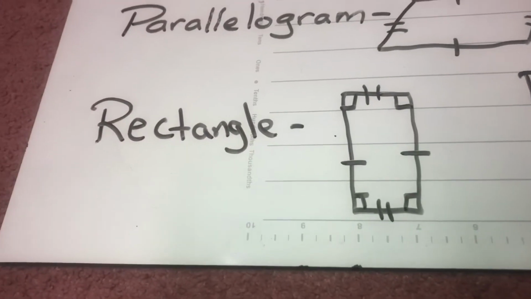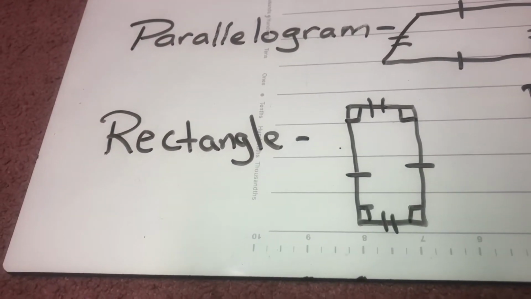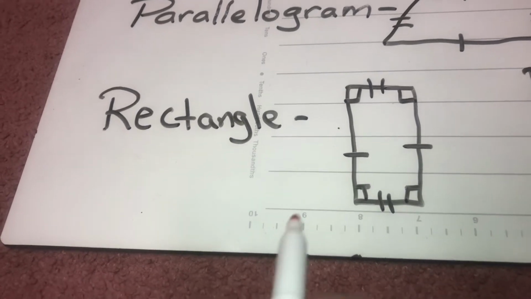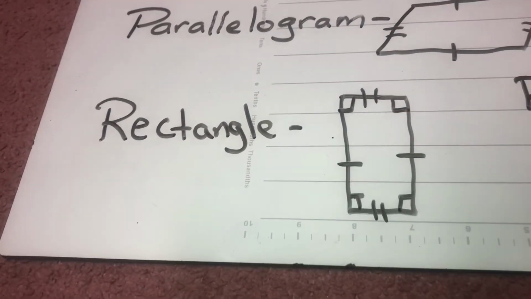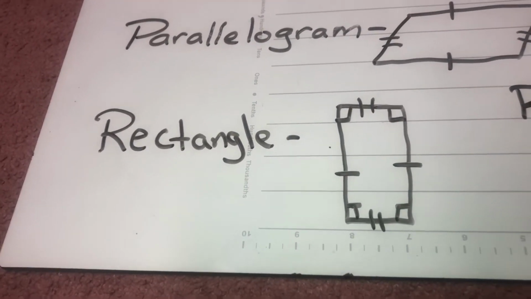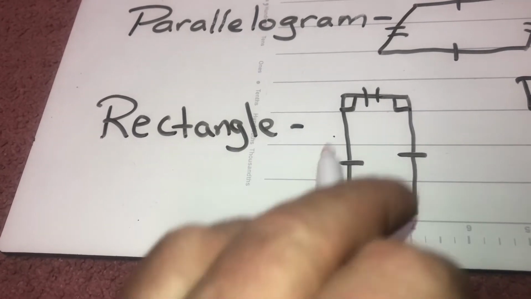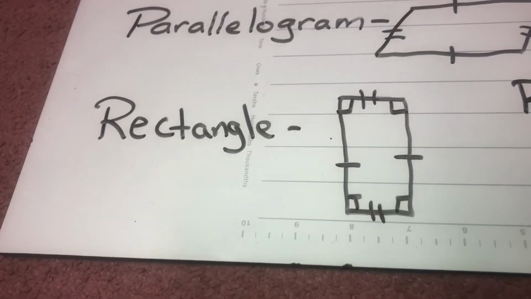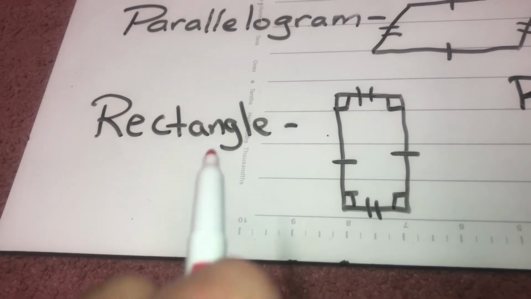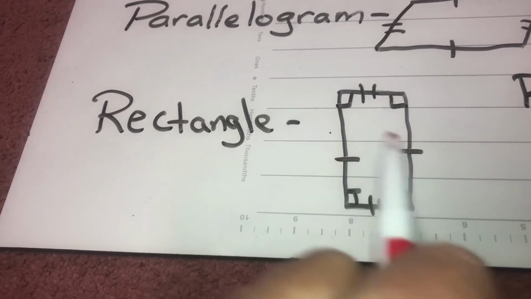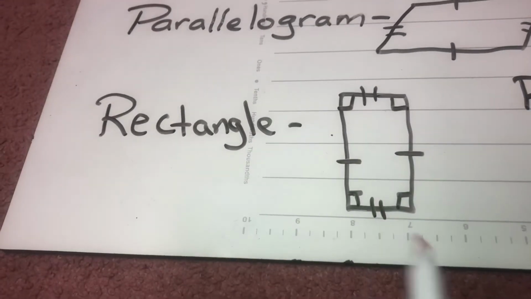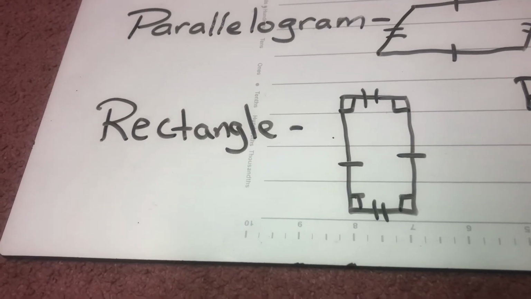So a parallelogram also has two sets of parallel sides. But a rectangle has the four right angles, two sets of congruent sides. The right and the left, the top and the bottom are congruent. The right and the left, top and bottom, are also parallel.